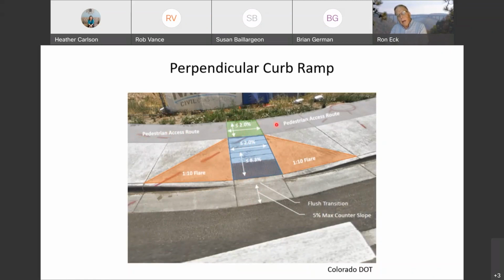And this area here is the pedestrian access route. The area from the back of the curb to the back of the sidewalk is a hard surface for pedestrians to walk on. And so that's the pedestrian circulation area, from the back of curb to the back of sidewalk. But the accessible part of it, the PAR, is this part back here. Notice because the ramp lies within a pedestrian circulation path, we need to have flares. And notice there should be a flush transition at the base of the ramp.